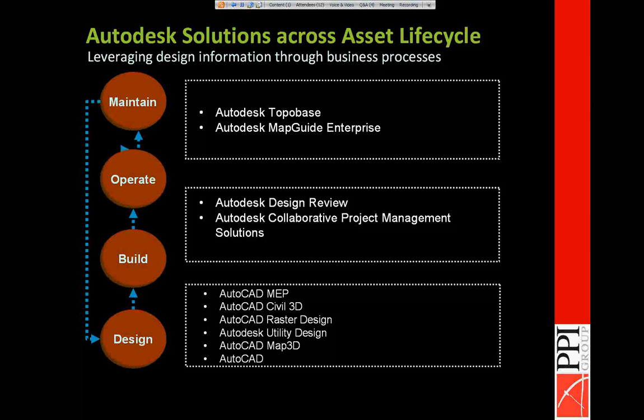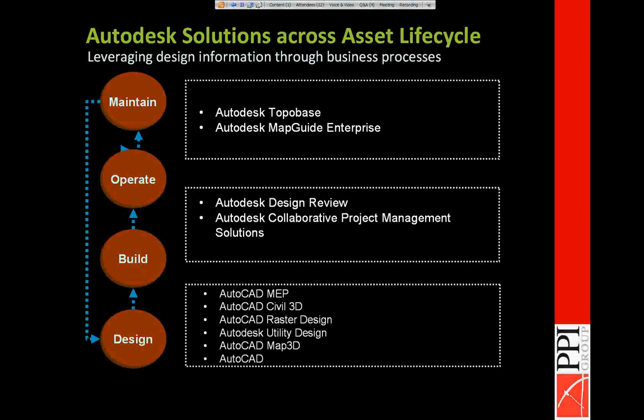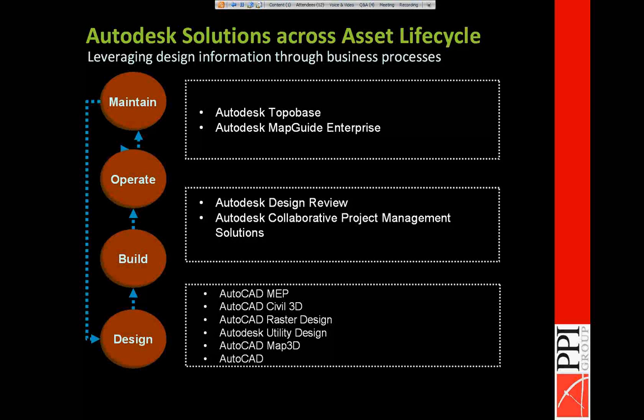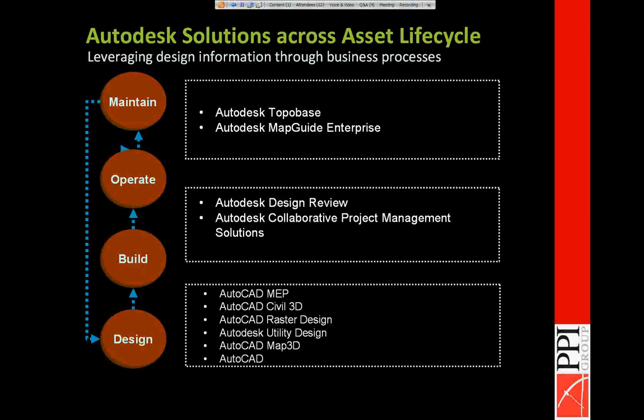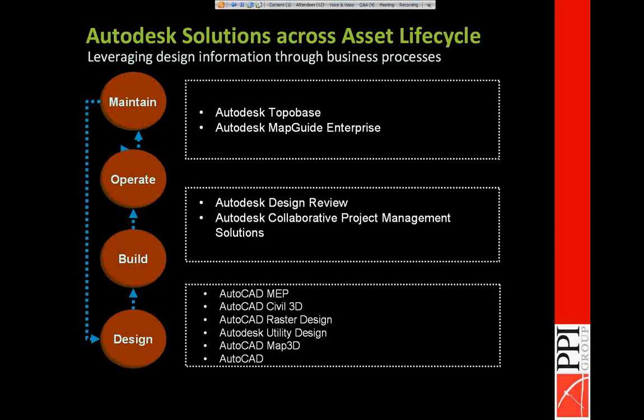When it's time to maintain that data, there are applications like MapGuide that allows you to share this information with a larger audience via the internet. There's TopoBase that is really the flagship GIS asset management tool here that uses an Oracle database on the back end.